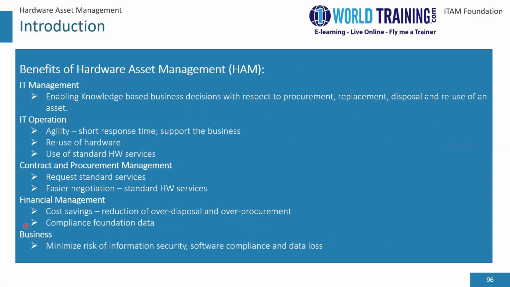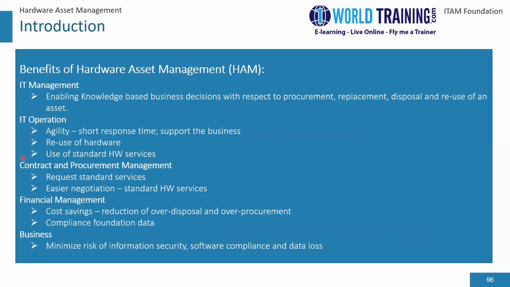The benefits of HAM. First is better IT management. It enables knowledge-based business decisions with respect to procurement, replacement, disposal, and reuse of an asset, such as it becomes clear when to procure, when to replace, etc. IT operation benefits: agility, meaning short-term response times, supporting the business with better responsiveness, reusing of hardware, and usage of standard hardware services.